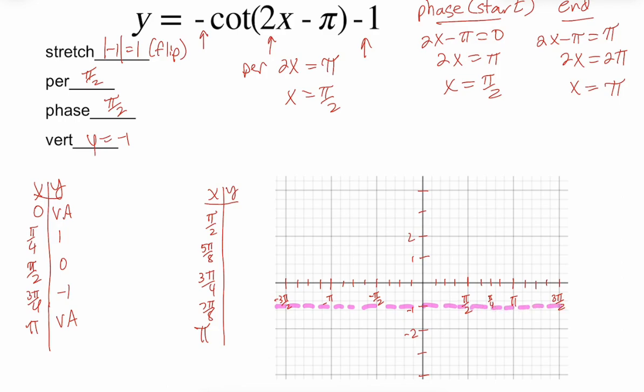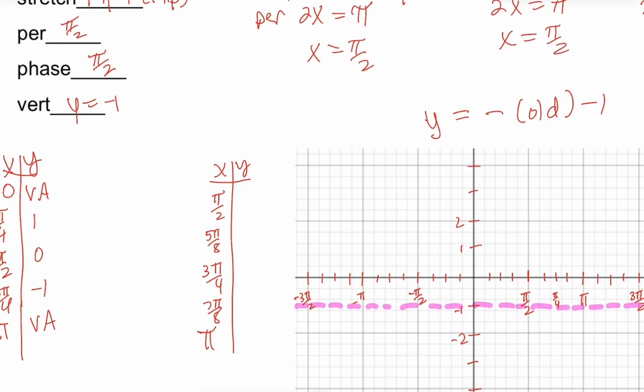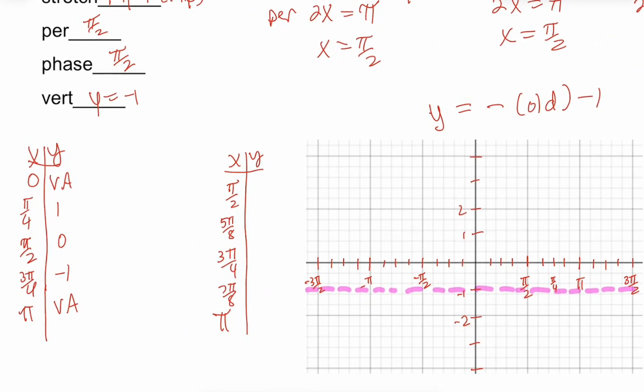Okay, so we've got our graph paper kind of going. Now let's look at our y's. Our y's are going to be the opposite of the old y's minus 1. So this is where our old y's are going to sit. So the only thing on the outside is a negative and a minus 1. So if we look at our old y's, first, I love these because we don't have to do any math really.